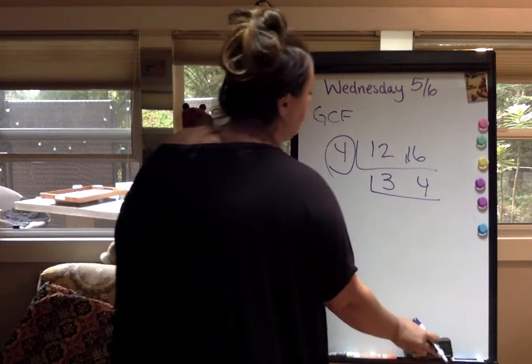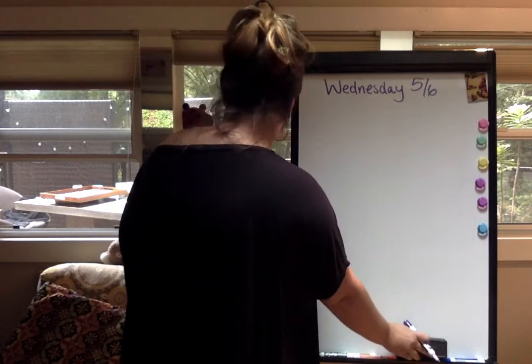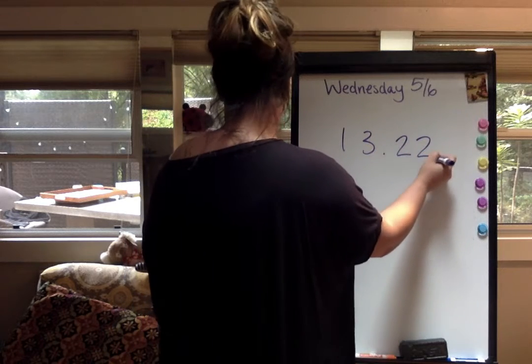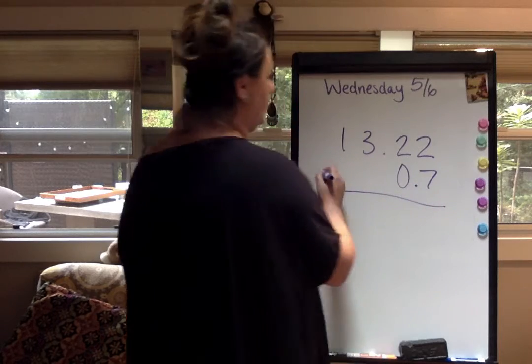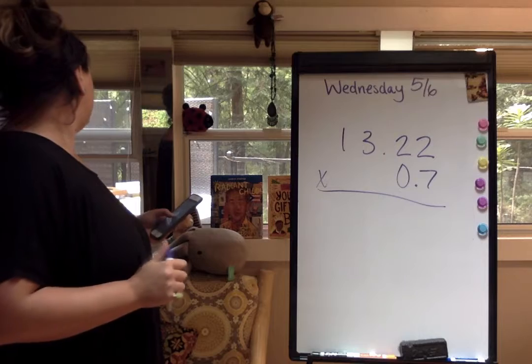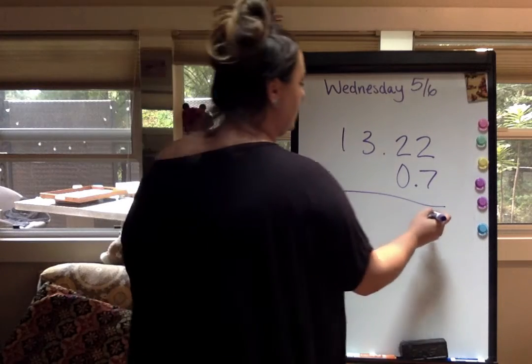Next, we have some multiplication of decimals. I'm going to ignore the decimal point right now. And so we've got 7 times 2, which is 14.